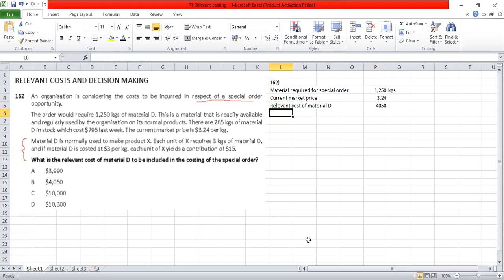So the answer is 4050. The relevant cost of material D is 4050.